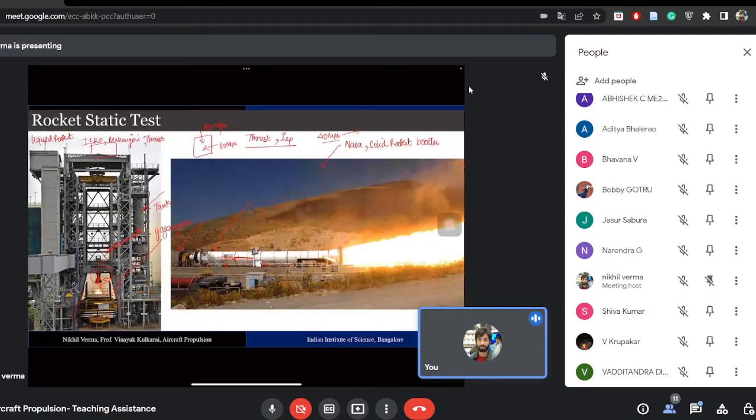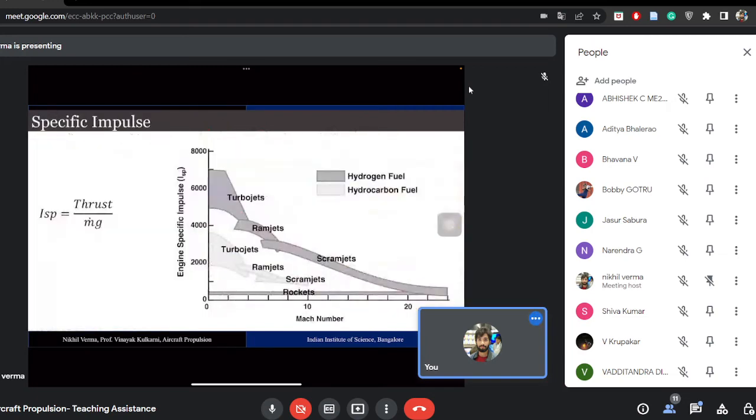Coming on to the rocket static test, one of the major parameters is the thrust. Another is the ISP. ISP is the weight of the propellant being expelled from the nozzle of the rocket engine or any type of aircraft, divided by the thrust that it generates.